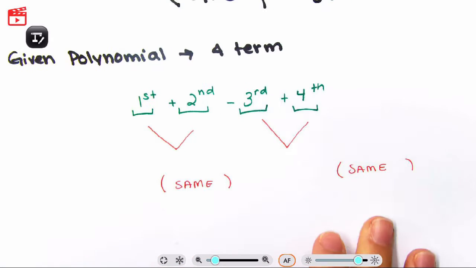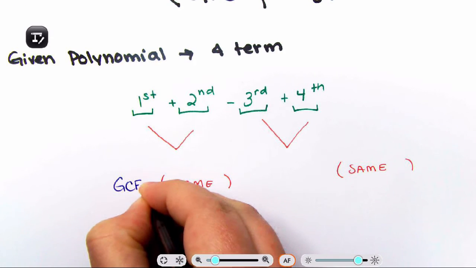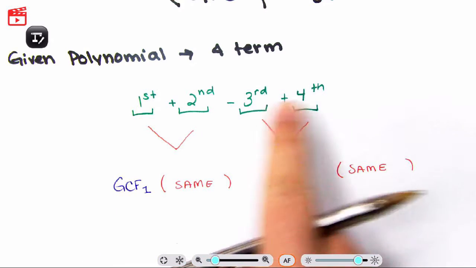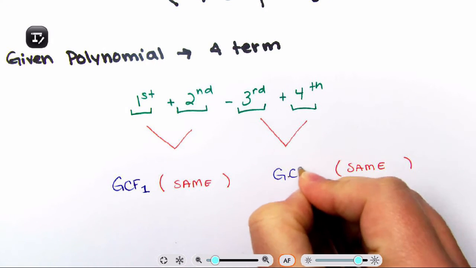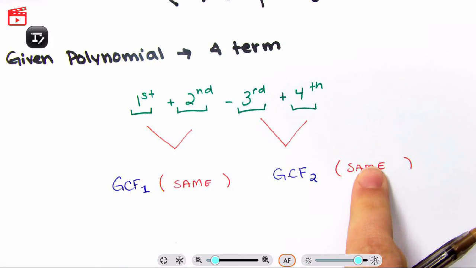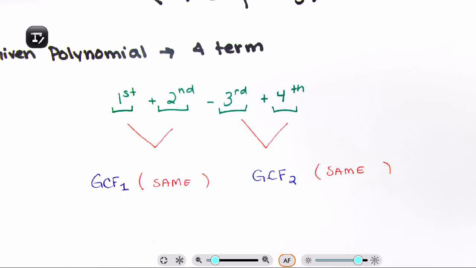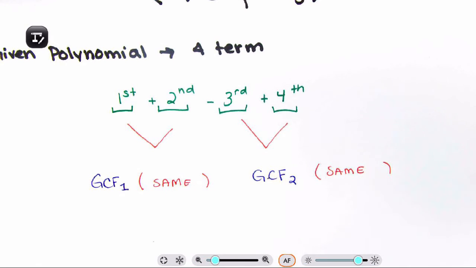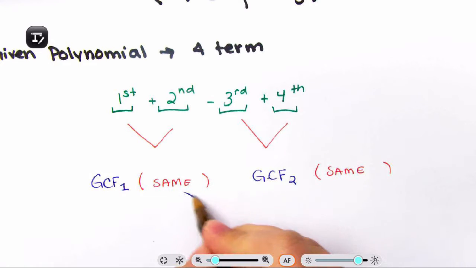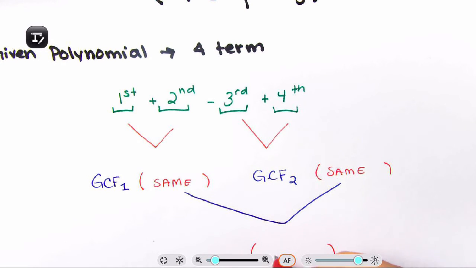So you're going to pull out a GCF, greatest common factor, from these 2 terms, and from these 2 terms another greatest common factor. That way your leftovers, whatever you pull out, that's fine, but you're going to have the same thing left over.